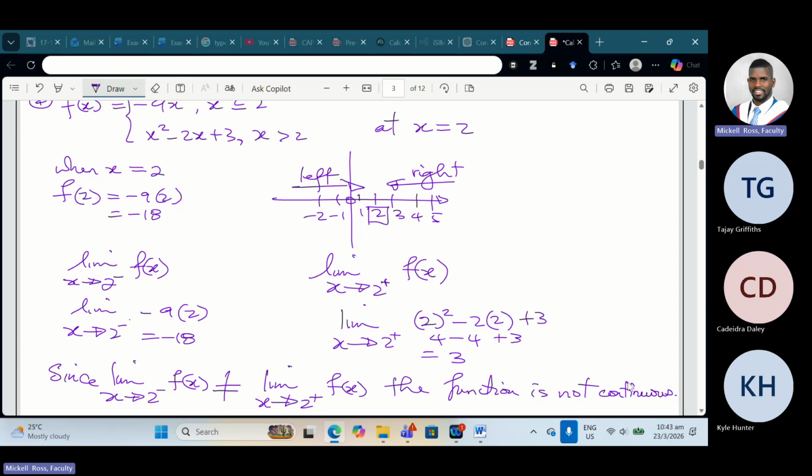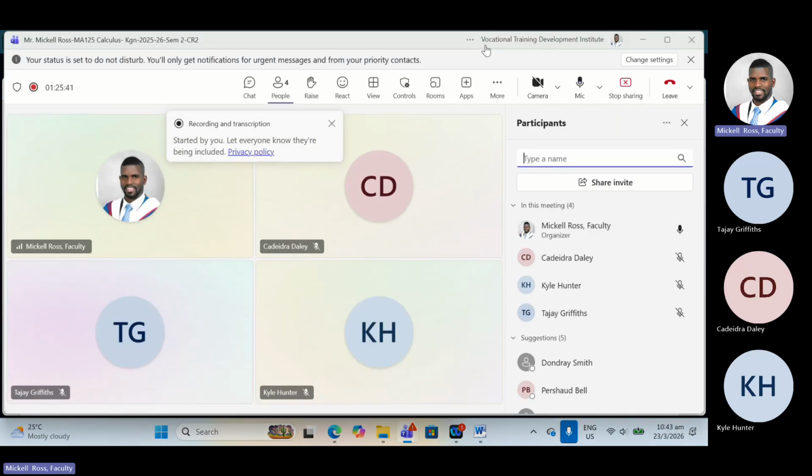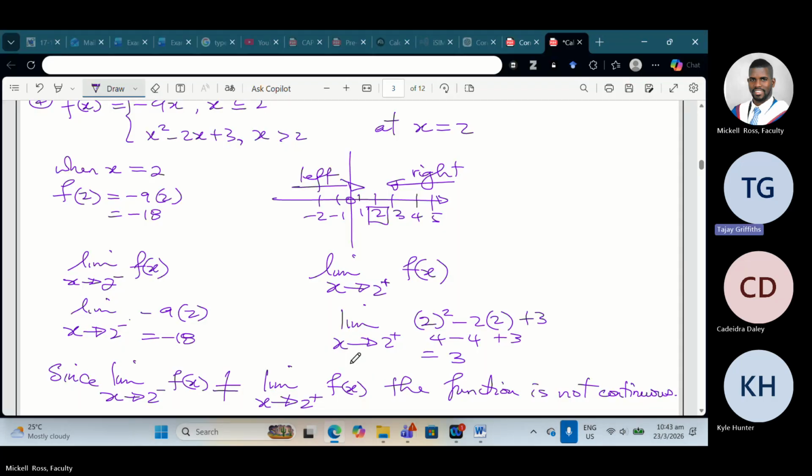Is it any clearer? So Griffiths, is it any clearer to you? Somewhat, sir. May I pick up now, sir? Okay. I pick up a little bit.